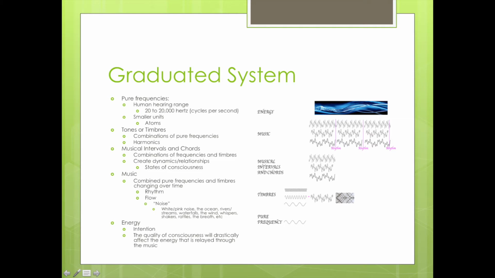We then progress into music. So we're looking at combined pure frequencies and timbres that change over time. We're adding in rhythm and flow, and we're additionally bringing noise into the picture.